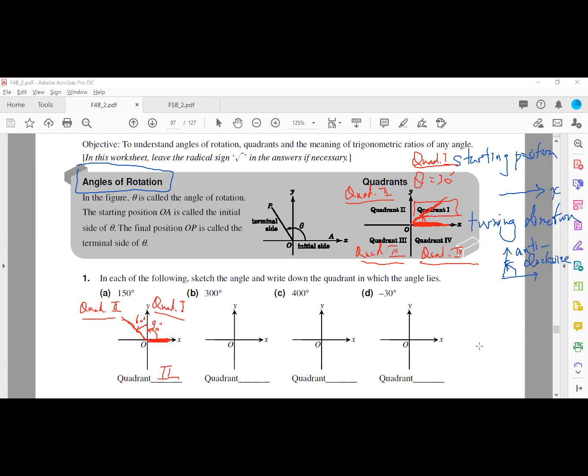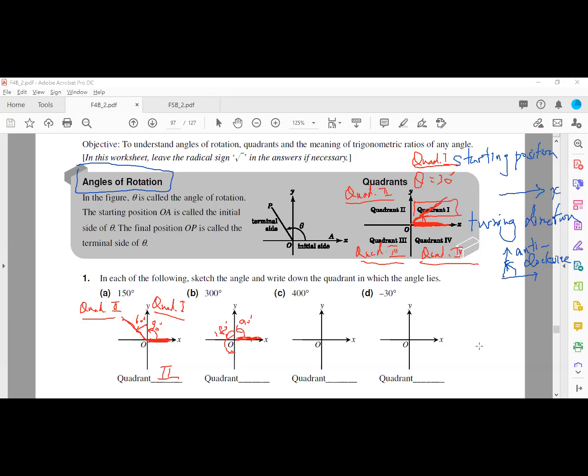Let's look at 300 degrees. We start from the positive x-axis, and then this is 90 degrees. This is 180 degrees.